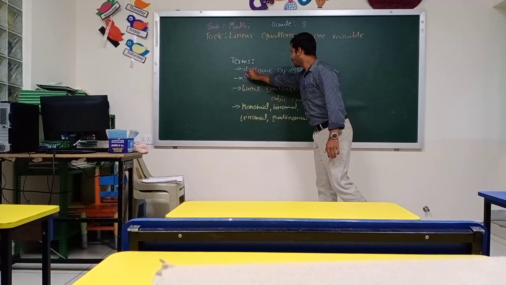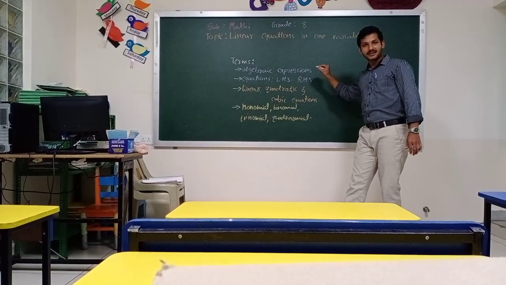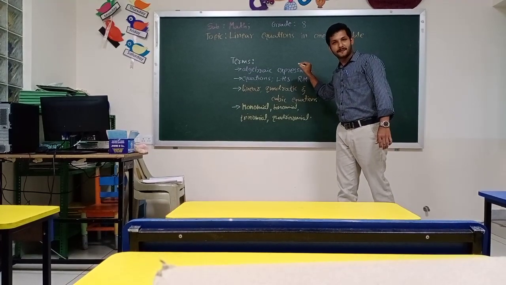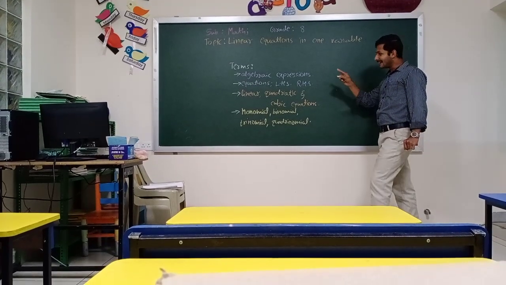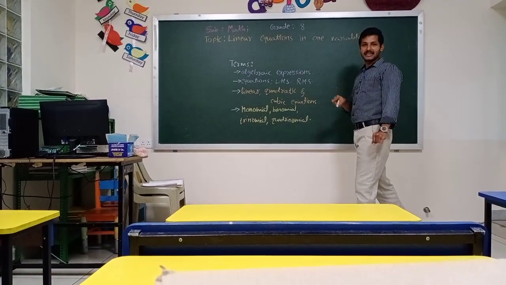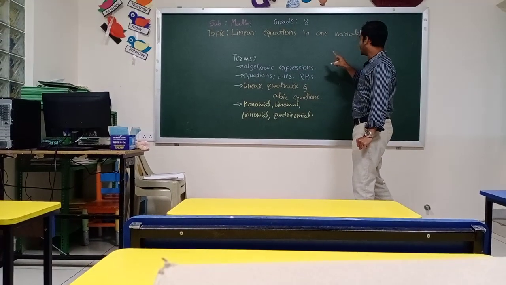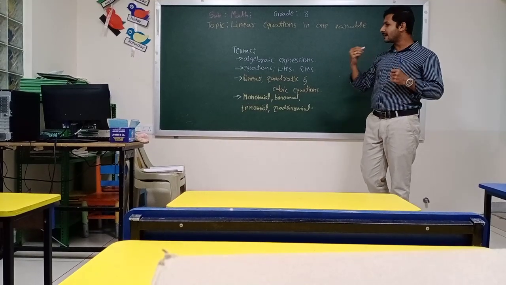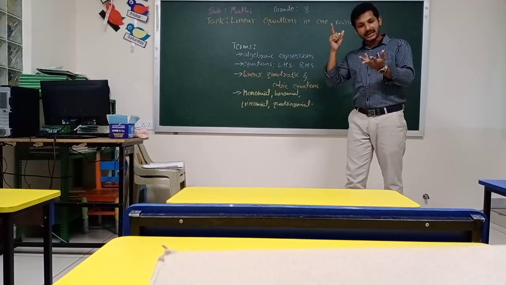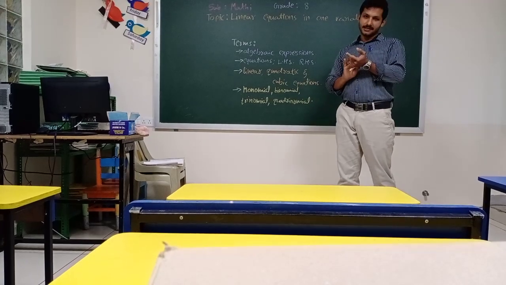Okay? Algebraic expressions. Can you remember what algebraic expression is? Hope you are able to remember, but I will tell you. Algebraic expression is a mathematical expression which has variables in it, numbers in it and operations in it.